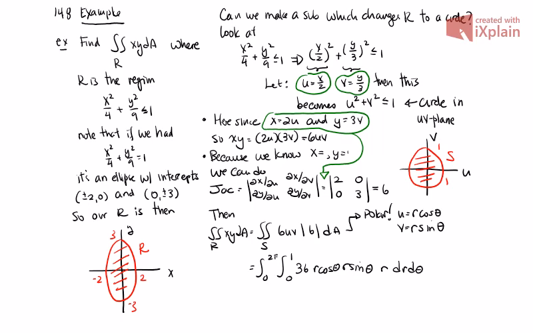Before I close up, let me make a comment here. When we do this polar, this is yet another change of variables. We don't think of it that way because we're just doing a polar parameterization. But this is the Jacobian arising from this additional change of variables right here.